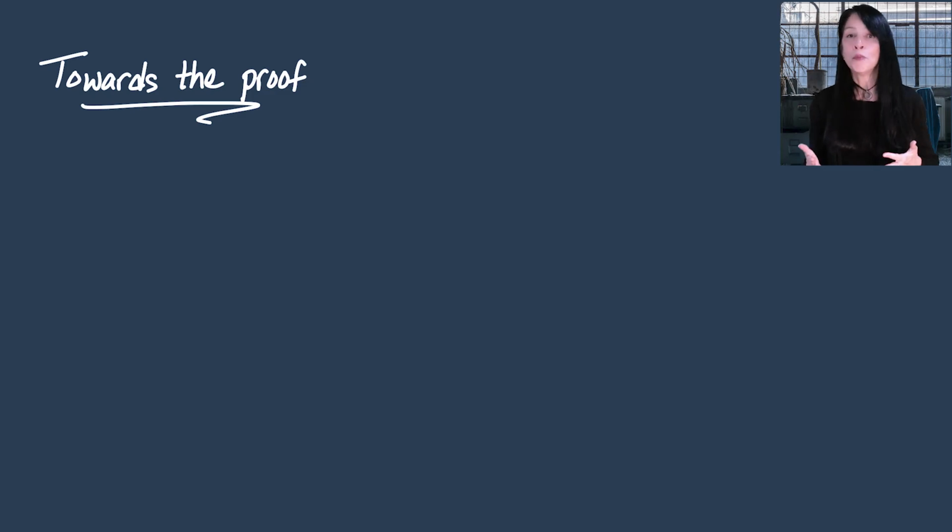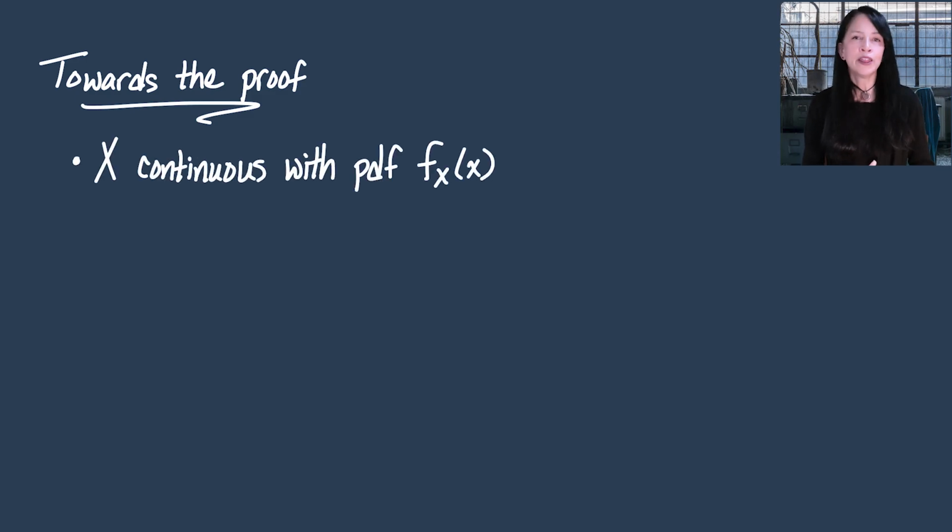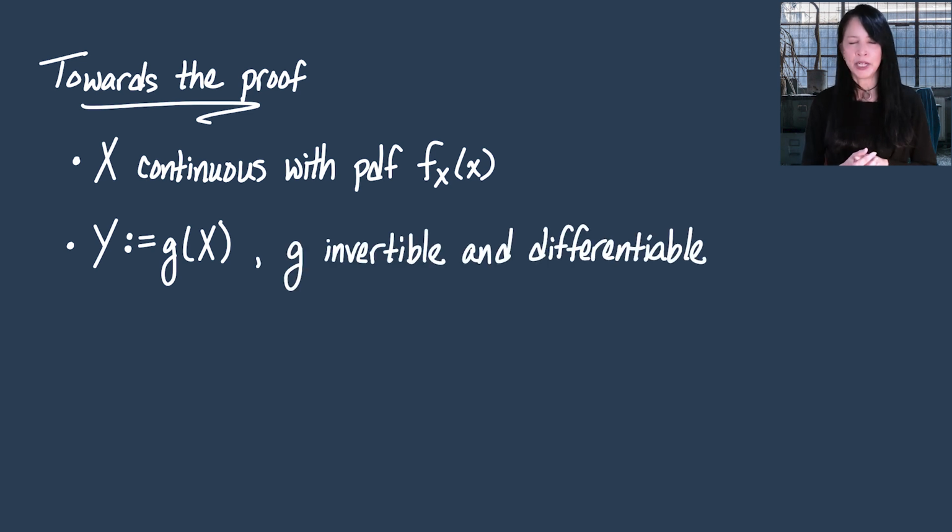Or more generally, and forget the normal distribution for the moment, suppose I have a random variable X that is continuous with a PDF, probability density function, f sub X of x. And suppose I define a new random variable, capital Y, to be some function g with capital X plugged in. For today, I'm going to assume that g is invertible and differentiable.